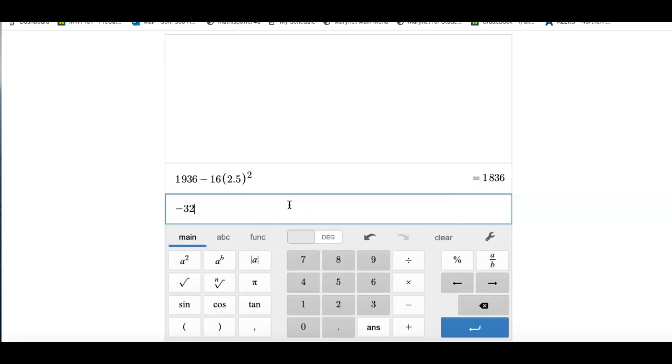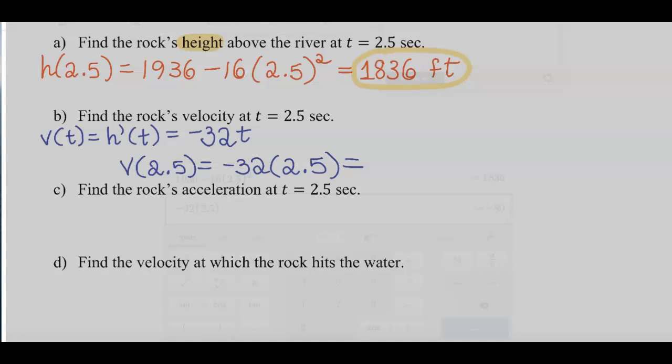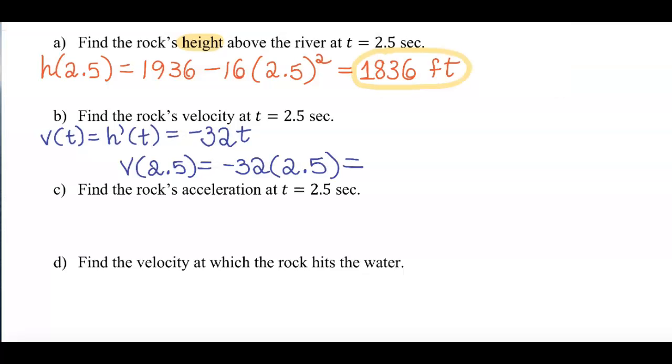Negative 32 times 2.5. This is why I'm telling you to please show work, so that if something happens on your calculator, I know you typed the right thing. Okay, so the answer is negative 80. Let me write the answer down. Negative 80. And let's put the right unit. This is velocity, so negative 80 feet per second.